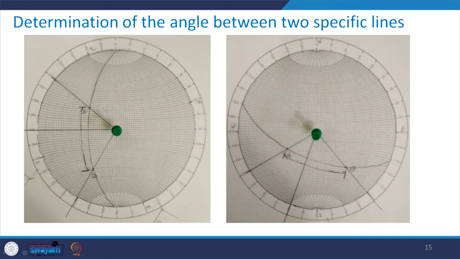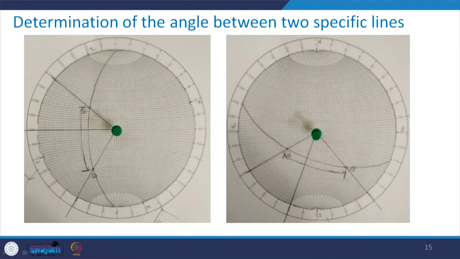Since the great circle represents a plane on the stereo plot, this will represent a plane which contains both the lines A and B. Now what is going to be the dip and the dip direction of that plane? So you see how to determine that.